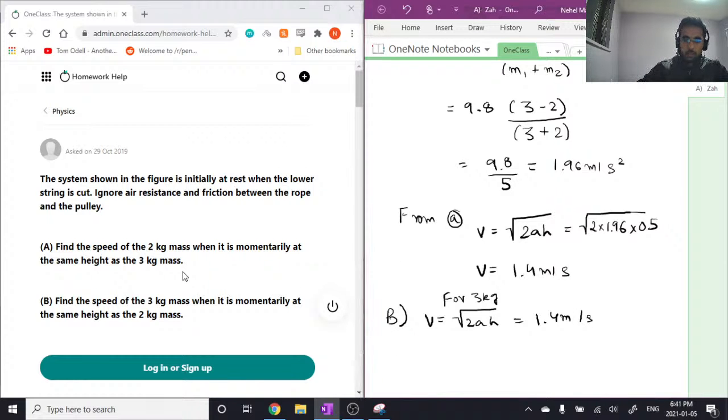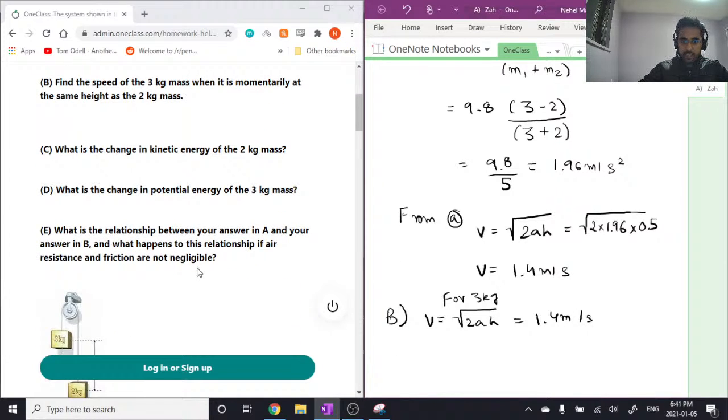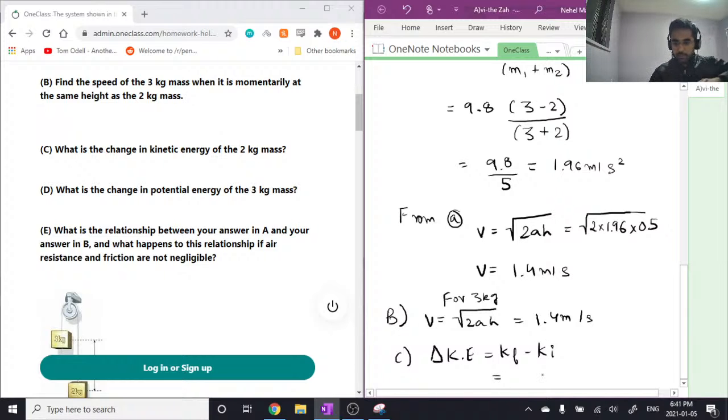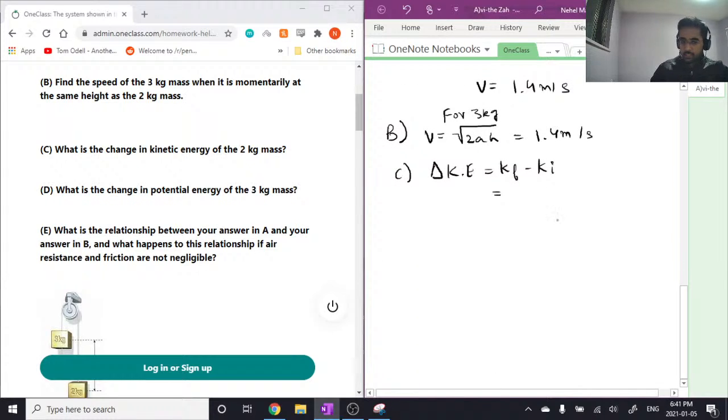Okay, let's keep going. What is the change in kinetic energy of the 2 kg mass? So delta KE is equal to K final minus K initial, which is equal to, now K initial is 0 since the object was at rest, so it would only be equal to K final, when kinetic energy is given by the equation 1/2 m, in this case m2, v squared.